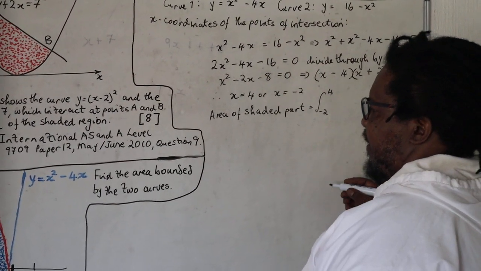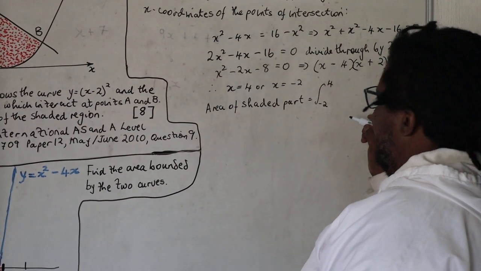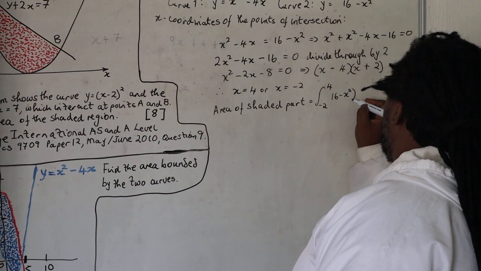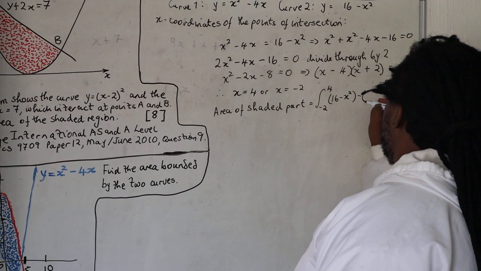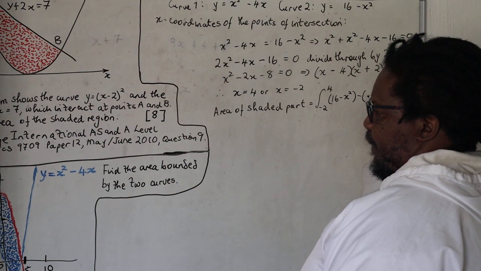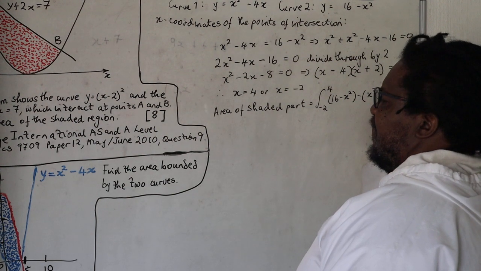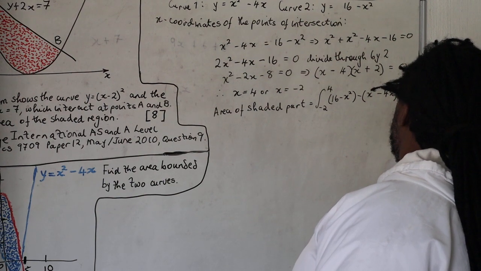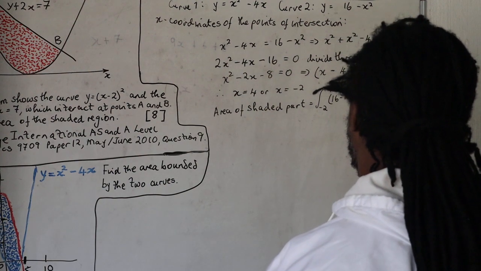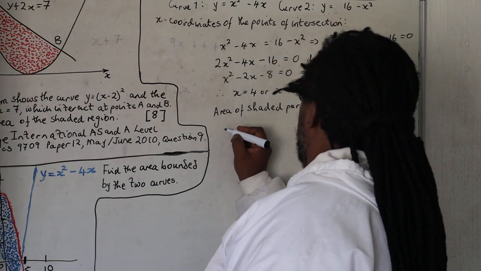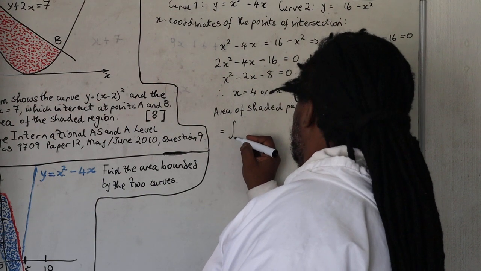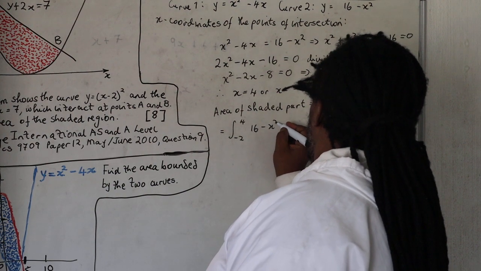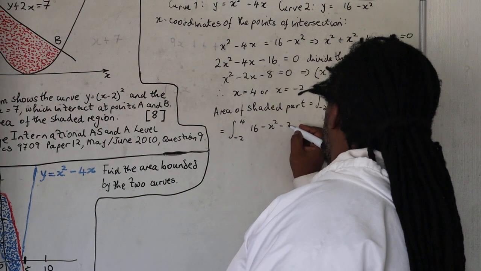So the integral of 16 minus x squared, bracket, minus, bracket, x squared minus 4x, bracket, dx. So this is equal to integral minus 2 to 4, 16 minus x squared minus x squared.